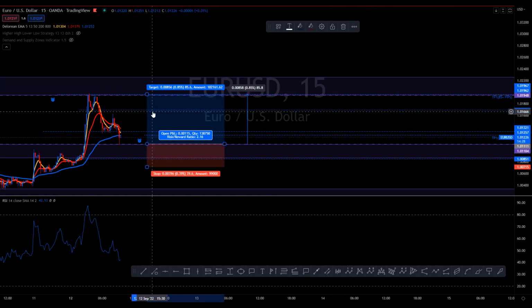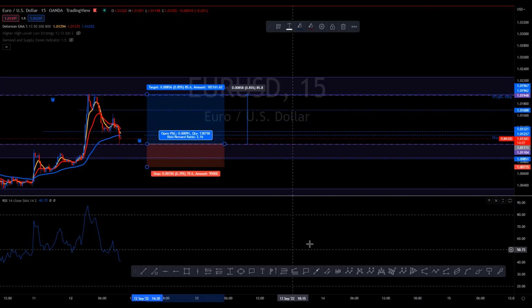So what I'm going to spend my time doing is really looking at price action, and see if it's going to do a swing and go up. So let's wait and see. Be right back.